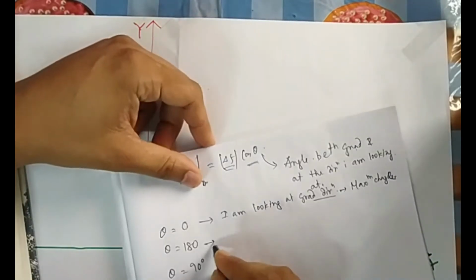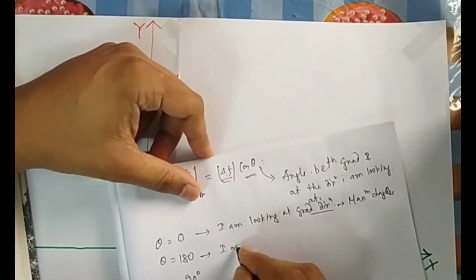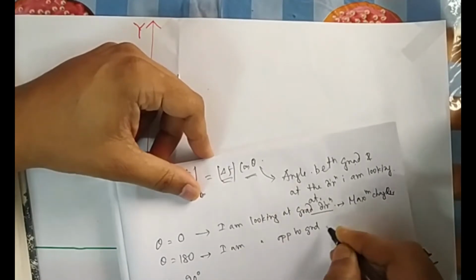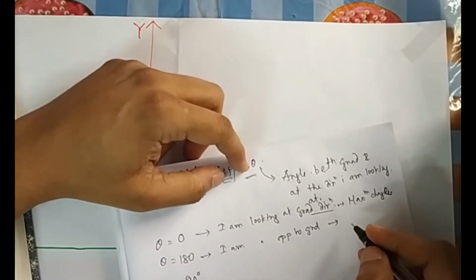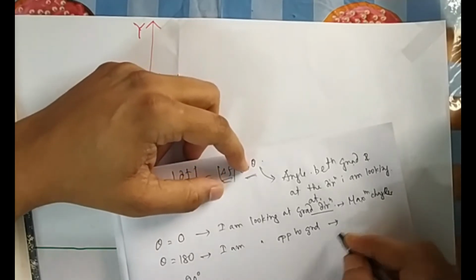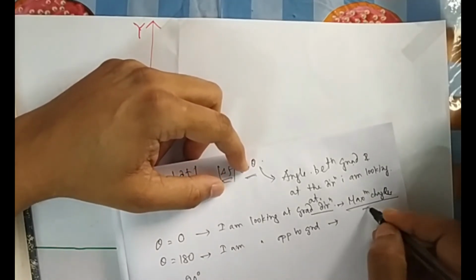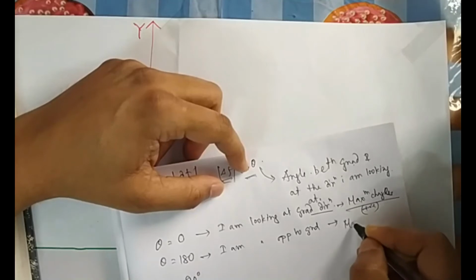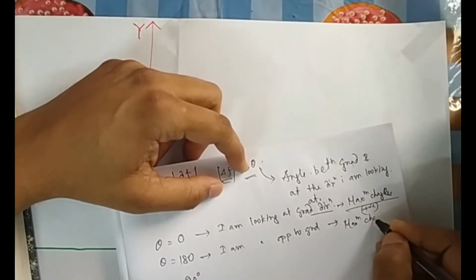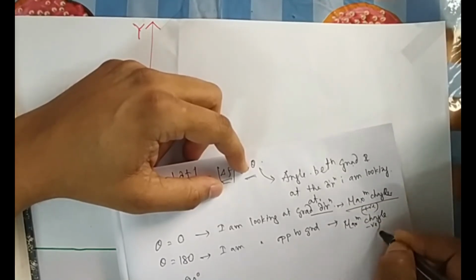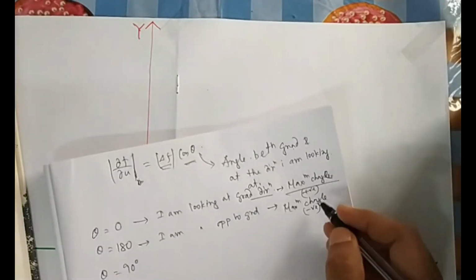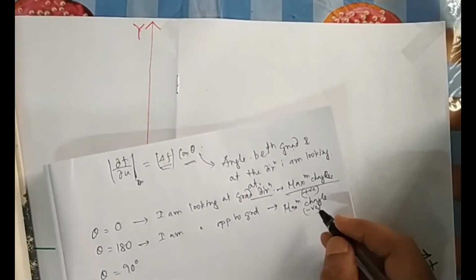If it is 180, then I am looking opposite to the gradient, and I will get -1, the minimum value. That is also a maximum, but in the negative direction. If I was rising in the positive direction, here it will be falling, maximum falling.